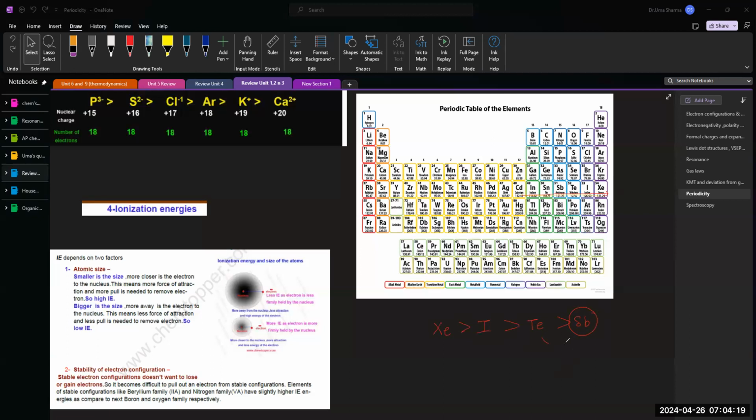So you have to change these places, right? Antimony is 5s2, 5p3. Yes, Ritika is answering your question, Anzara. And this is 5s2, 5p4. Which one is stable?